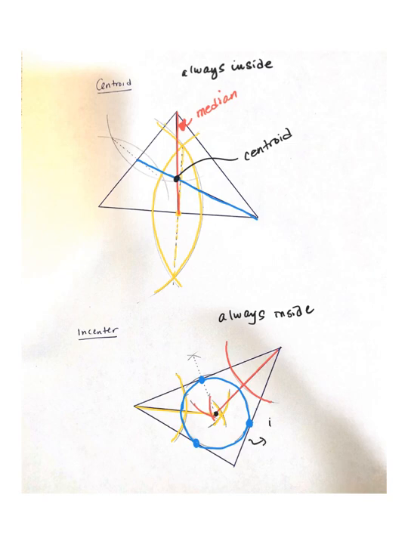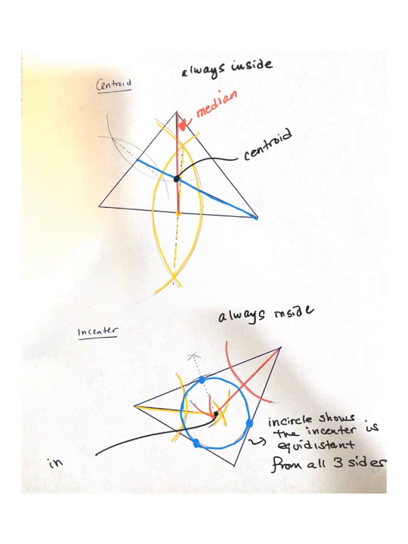So this is called an incircle. And the significance is that it shows that the incenter is equidistant from all three sides. And that's your incenter.